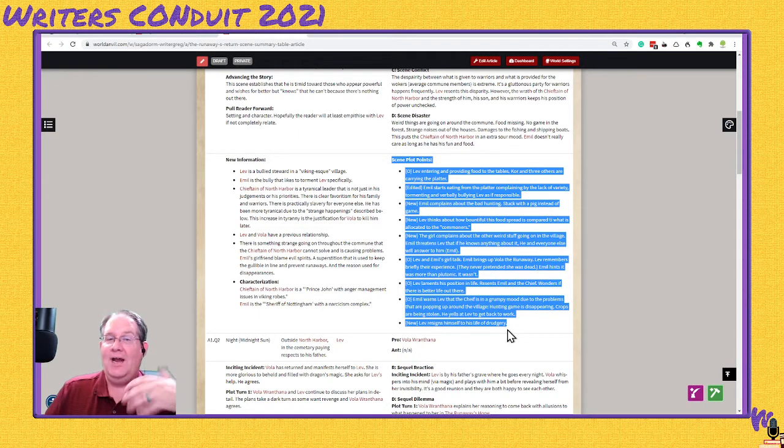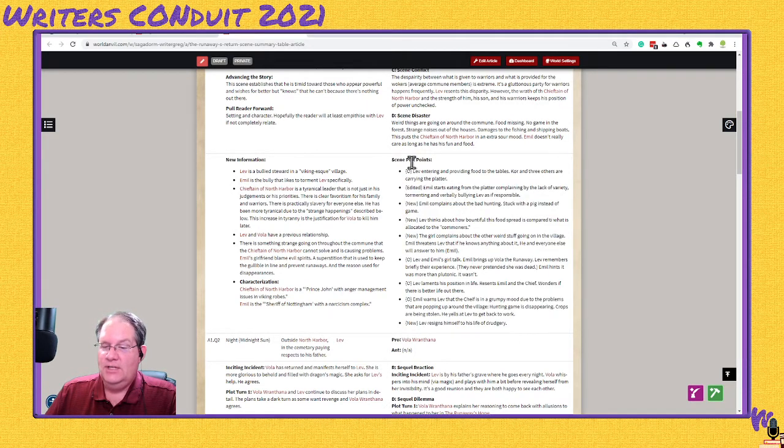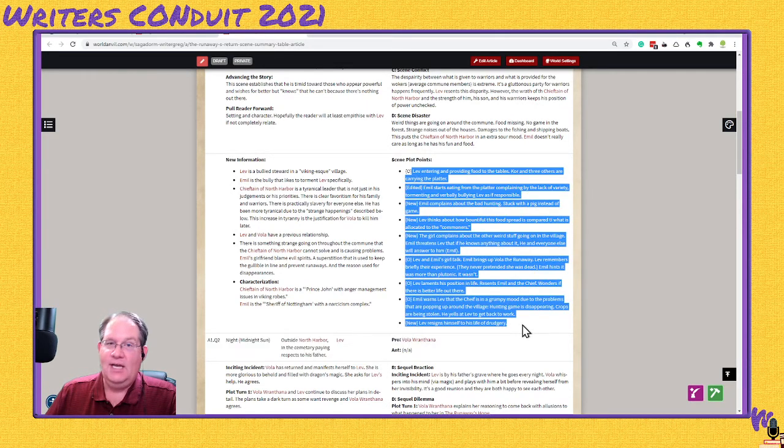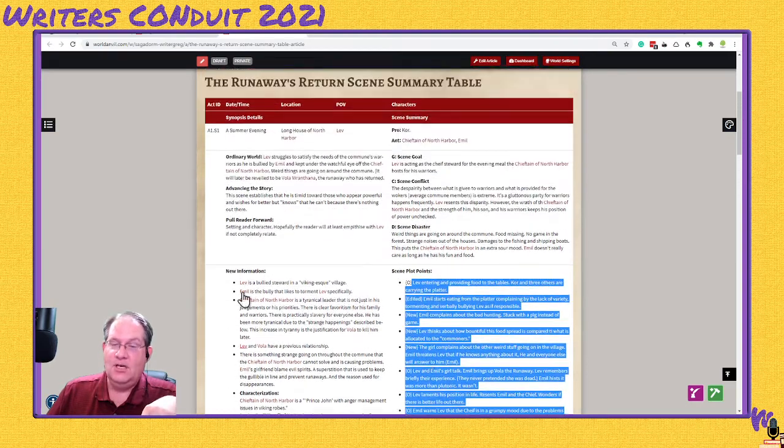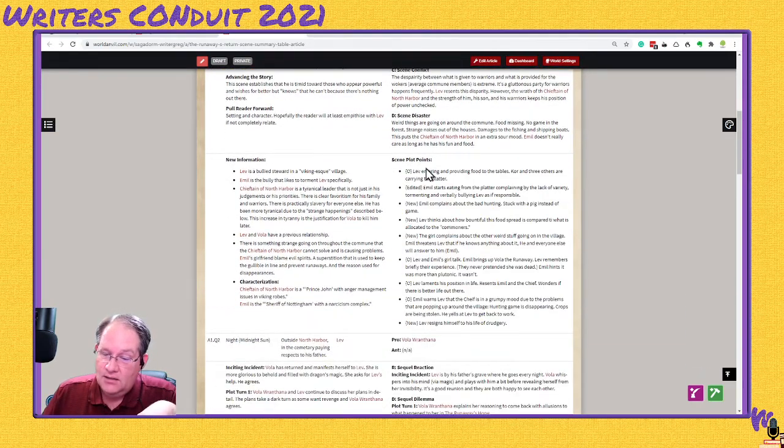So now when I go through and write my novel or my short story, I am only talking about this right here. That's an important thing to understand. I'm not looking at all of that. I'm saying, okay, Lev is entering and providing food to the tables. Kor and 3 others are carrying the platters. That's the first thing.